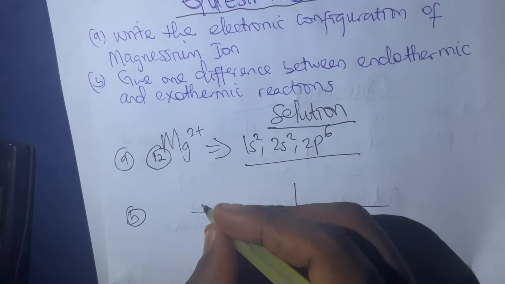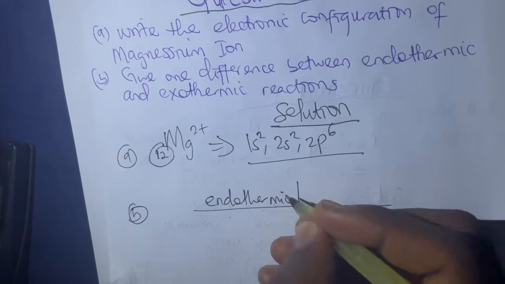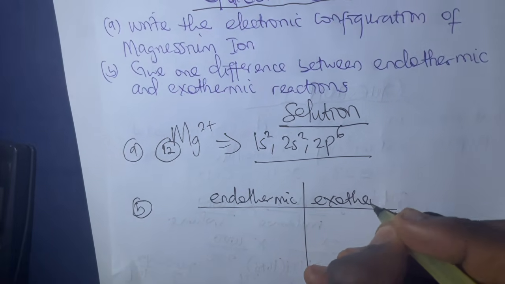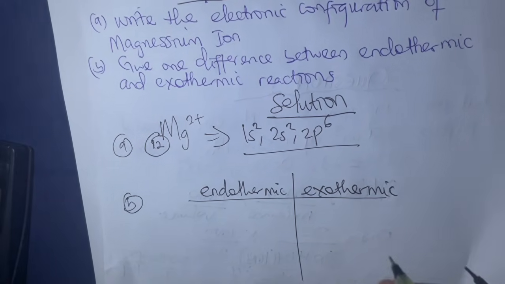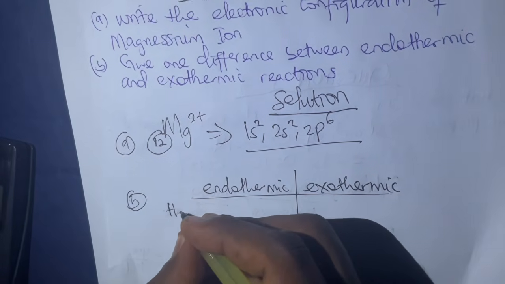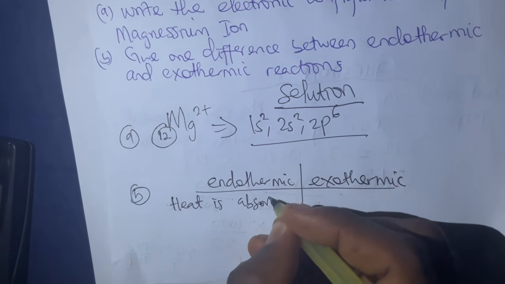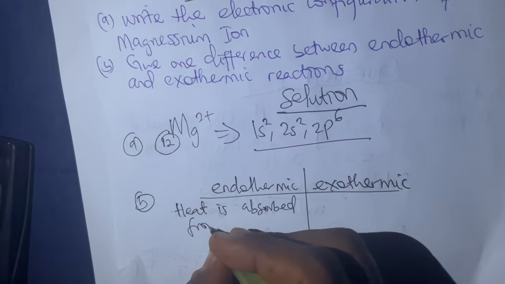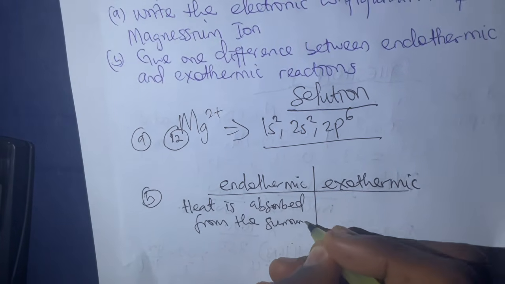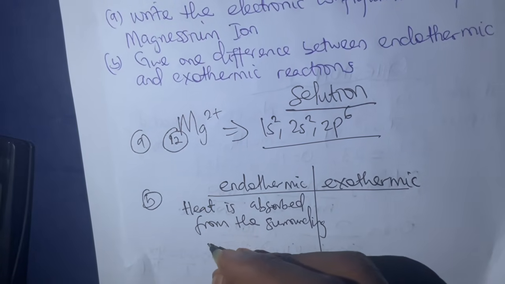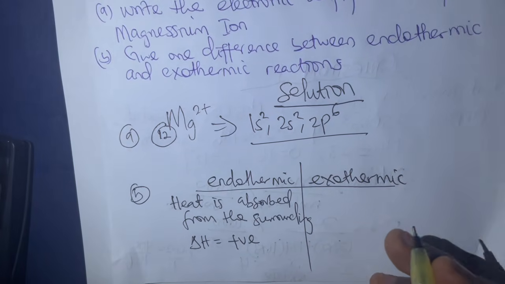Here I have endothermic, and here I have exothermic. For endothermic, it simply means that heat is absorbed from the surrounding, and delta H is positive.